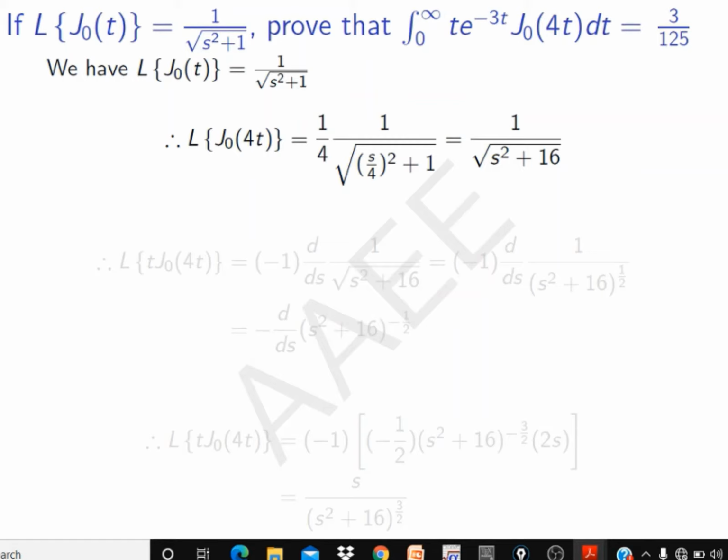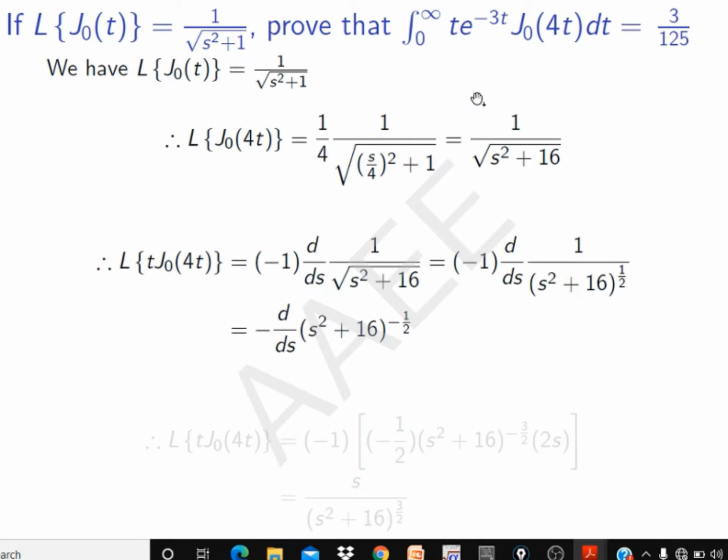After this, you will apply this t. To apply this t, you will use the formula: the Laplace transform of t f of t is equal to minus d by ds of f bar of s. Here f bar of s is 1 upon under root of s square plus 16, so minus d by ds of s square plus 16 raised to minus 1 by 2.